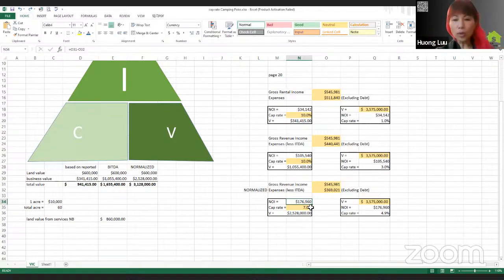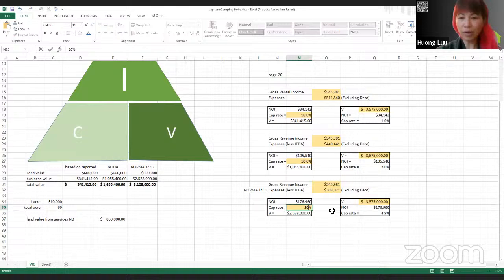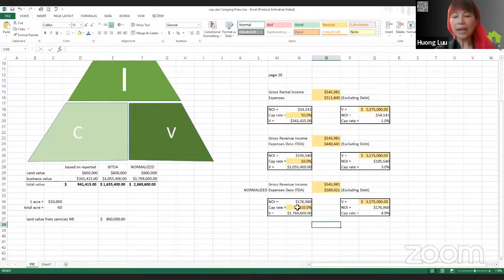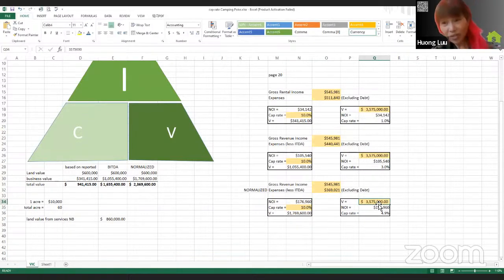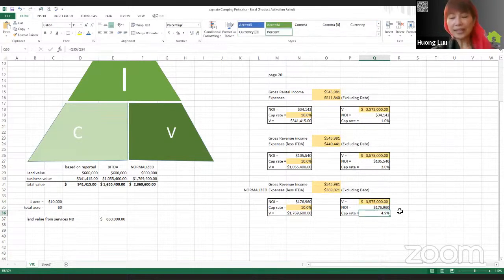So yeah, I was goofing around with this with somebody else. So based on a 10% cap rate, we are now at 1.77 for the value of the building or this business. As you can see, it's going up every single time we take the expenses out, because there's more of an NOI. Now if we run it based on the 3.5 that they're asking, it's around a 5% cap rate.